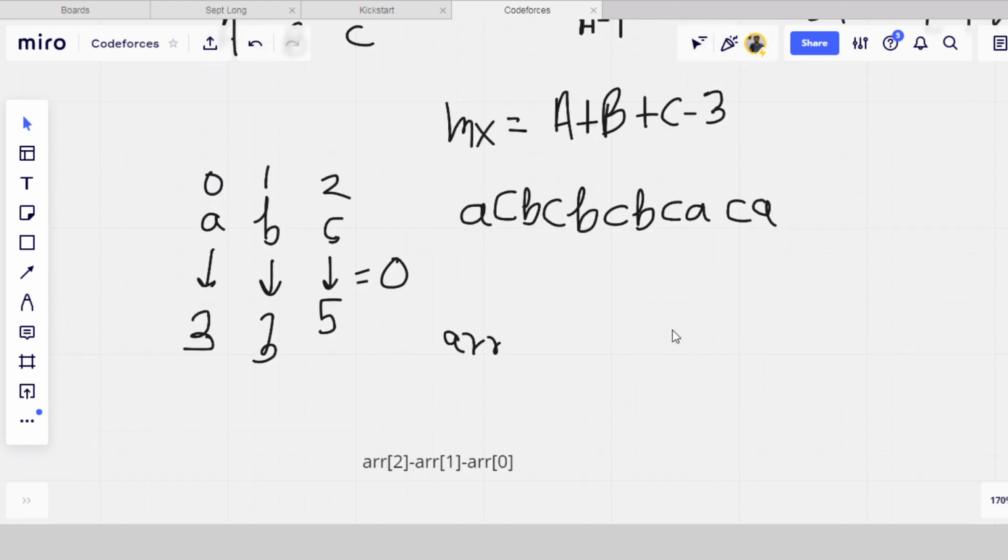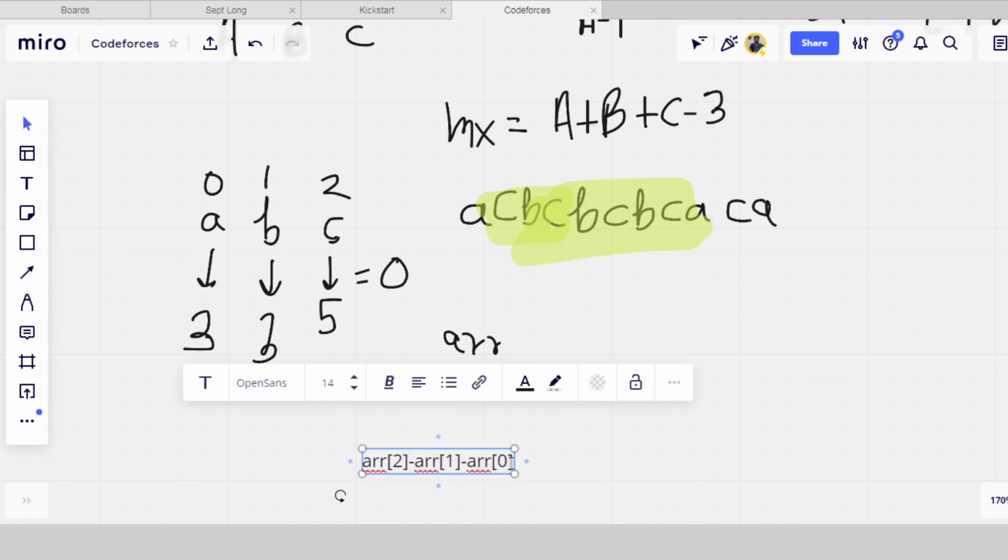What we are doing here is pairing this C with this B, so all the C's paired with this B are neutralized. Neutralized means we cannot make any pair with adjacent equal letters from these. Now I am subtracting the number of A's. Then again I will subtract 1.